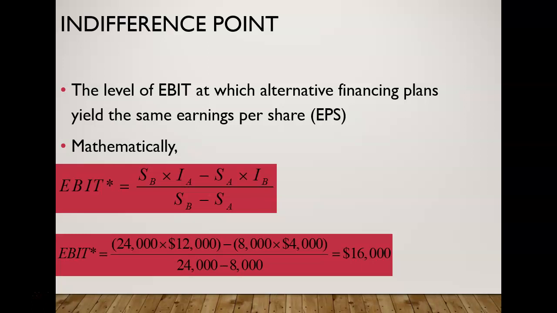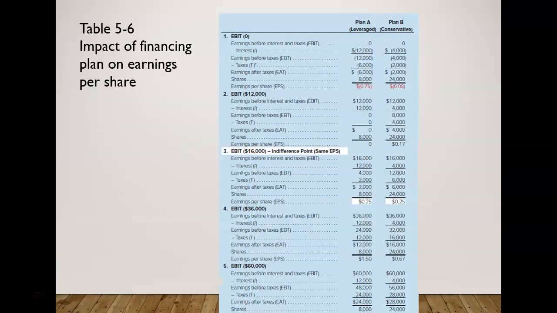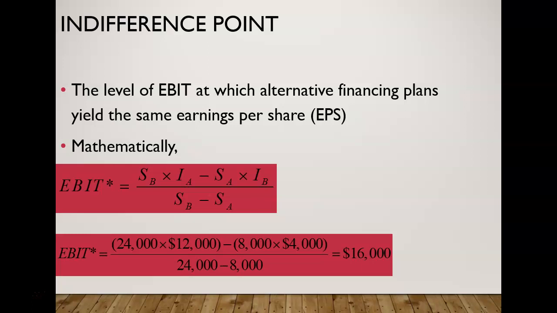If we apply this formula: sales of B company times interest of A company, minus sales of A company times interest of B company, over B company sales minus sales of A company, we will then have our indifferent point between the two.